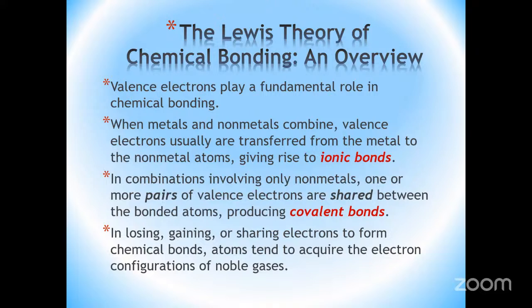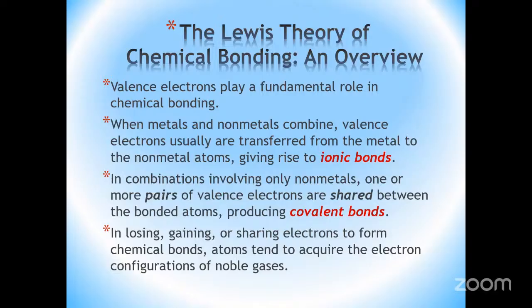Now, let me just say here that this is true for sure when it comes to most representative elements, meaning the A group elements. This would not be true for transition elements. Things are a bit more complicated when it comes to explaining how many electrons are being lost or gained in the case of transition elements like iron, manganese, cobalt, and so on, all right?